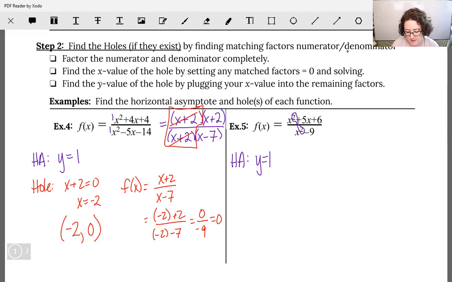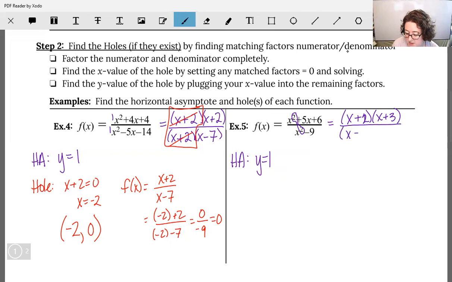To do that, we need to factor. Factoring the numerator, we're going to get an x plus 1, x plus 2 and x plus 3. Again, factors of 6 are 2 and 3, but they add to make that middle term of 5. x squared minus 9 is one of our patterns.